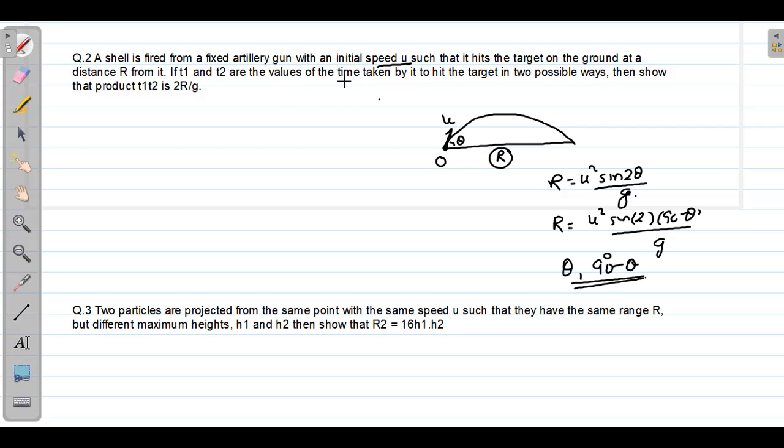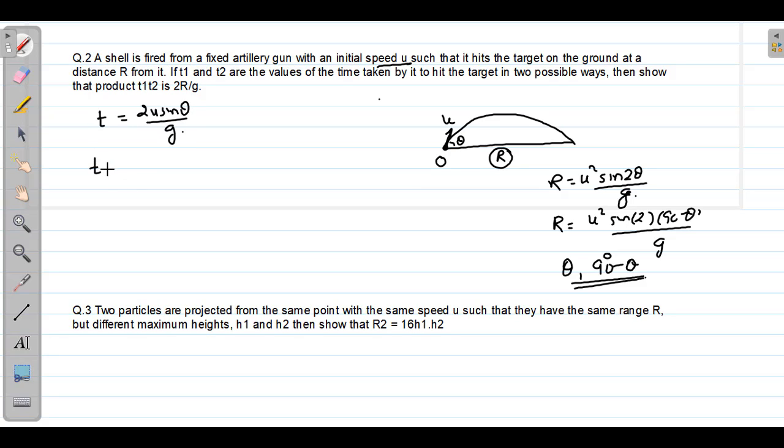If t1 and t2 are the times taken by it to hit the target in two possible ways, then show that t1 t2 equals 2R by g. So what is T? T is the flight time, and flight time is 2u sine theta by g. This is the formula of time of flight.